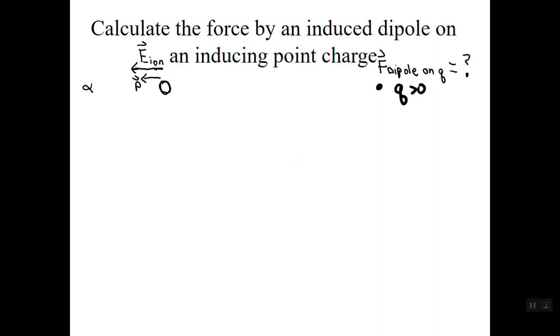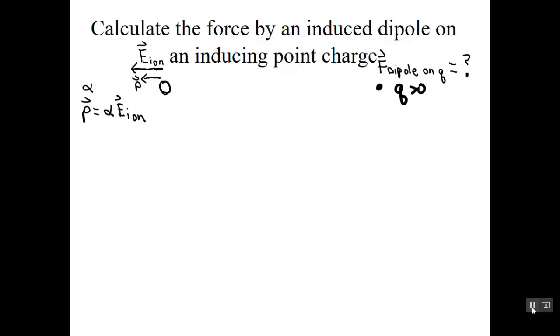To start, we need to compute the dipole moment P induced on the neutral molecule, which, as we just discussed, depends on the product of the ion's electric field at the molecule times the polarizability.